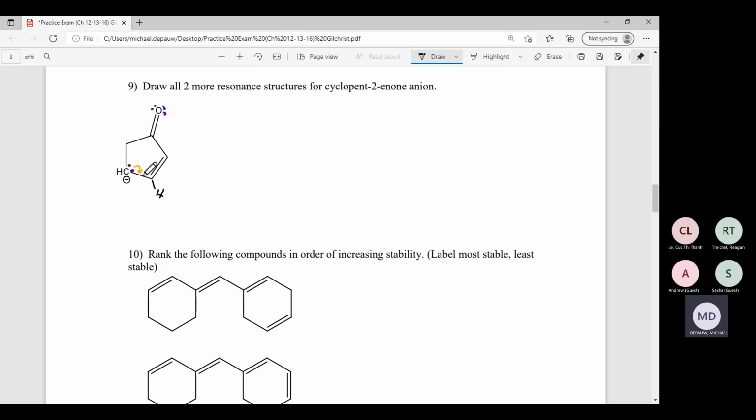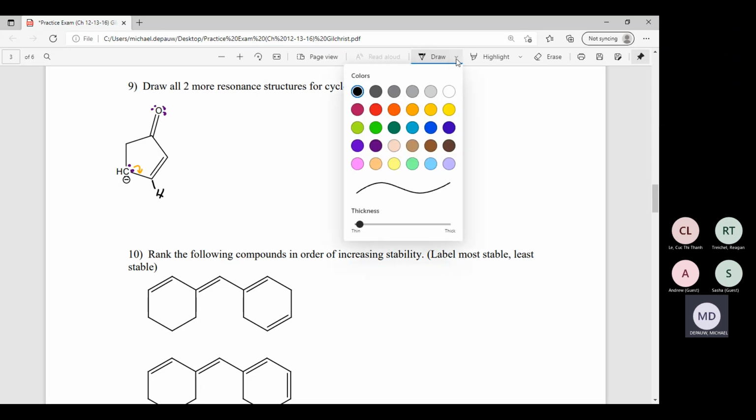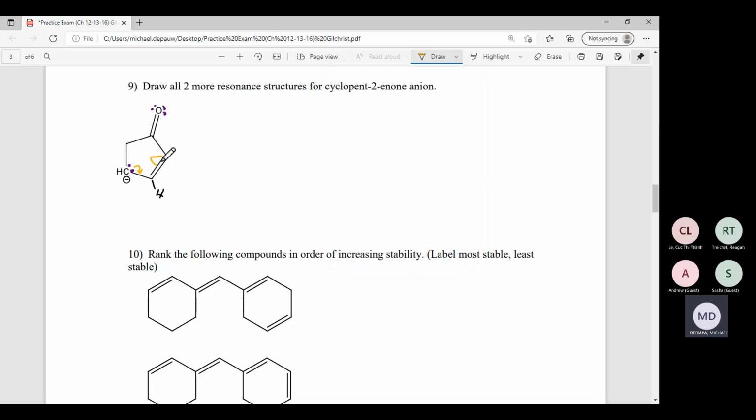So when the electrons follow the yellow line, or whatever color line that is, and form that double bond right there, this double bond has to break, but those electrons are going to go from bond to adjacent atom. So bond to adjacent atom, I guess it's orange. They're not going to go bond to bond, they're going to go bond to atom. So you're not going to put them as a new double bond here. You don't want to do that. That'd be skipping it.